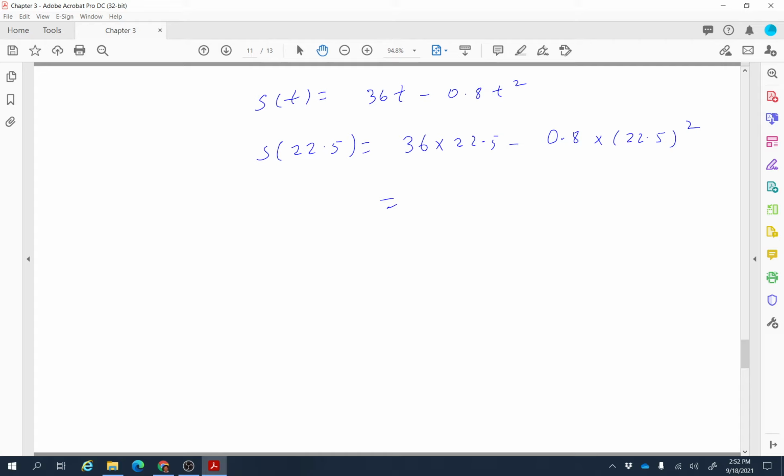So it's 36 times 22.5 minus 0.8 times 22.5 squared. No, it's not giving me the right number. So basically it's 22.5 squared times 0.8.